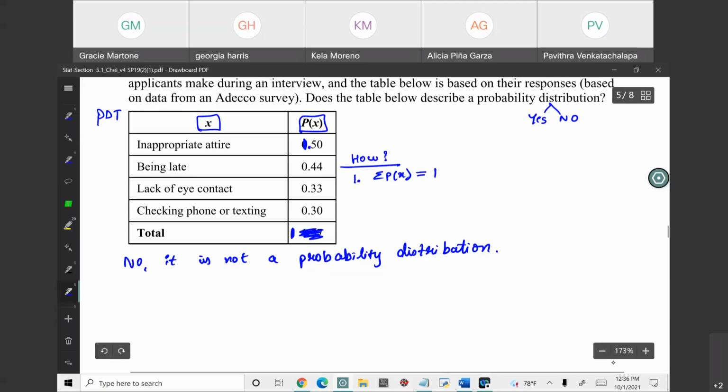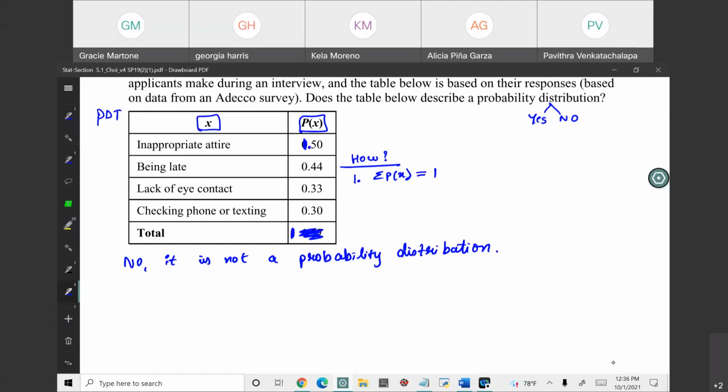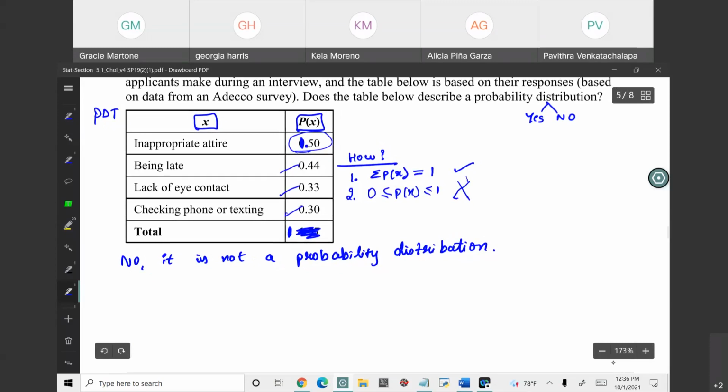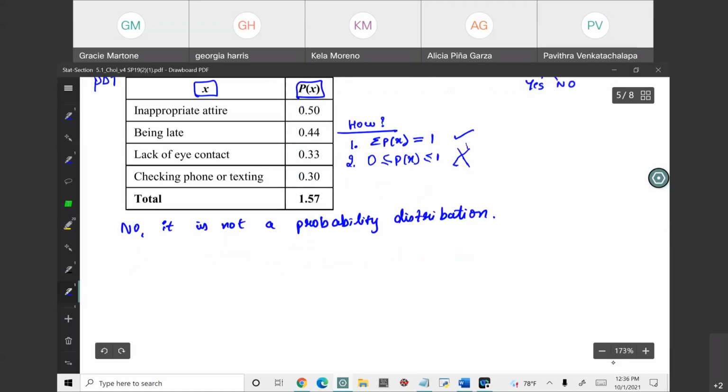According to requirement 1, summation of P of X equal to 1. Yes, that's true, right? Now go for the second requirement. That is, each value must be between 0 and 1, right? So these are between 0 and 1, but this one is greater than 1. So it does not satisfy the second requirement, and you cannot say it is a probability distribution. So if you check requirement number 1 and it is satisfied, go for the second requirement. That also should be satisfied.